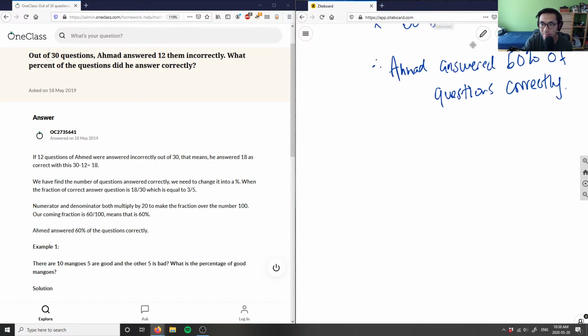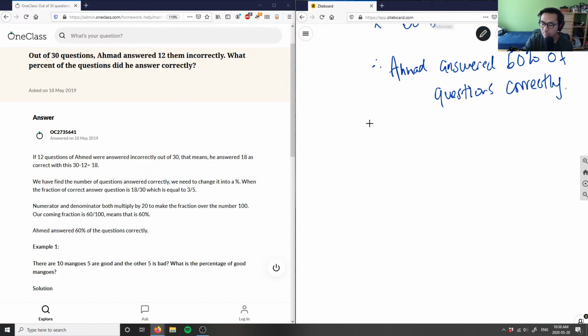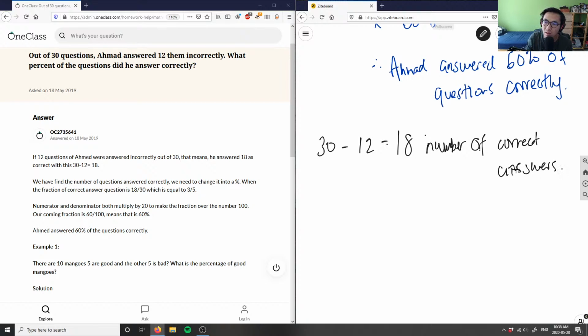And let me just do that logic for you as well. So again, I would have 30, which is the total amount of questions, minus 12, which is the number of incorrect answers, to get 18, which is the number of correct answers, right? And what we can do is say now 18 over 30 will give us our percentage or fraction.